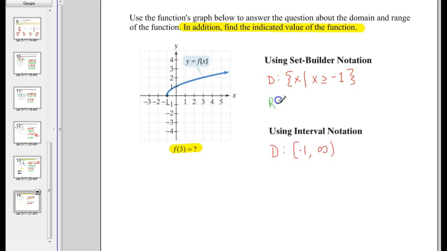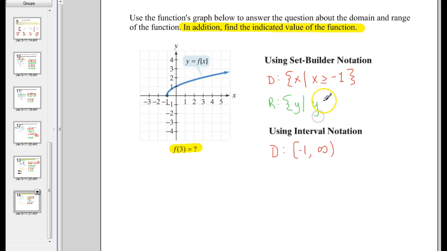Alright, range is y values. So the set of all y's such that, again, if I start at the bottom and make my way up, I don't hit the graph until the x-axis. So the y coordinate here, this is 0, not negative 1, this is 0. And then again, because of the arrow right here, I'm always going to be able to hit the graph the higher and higher I get on the y-axis.